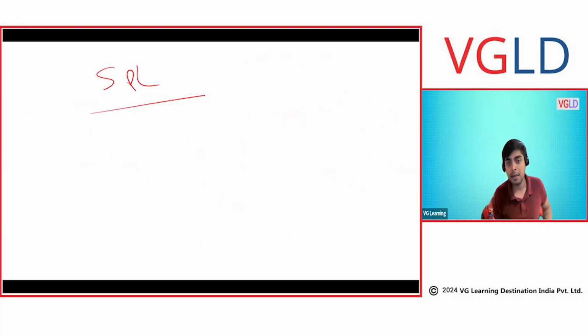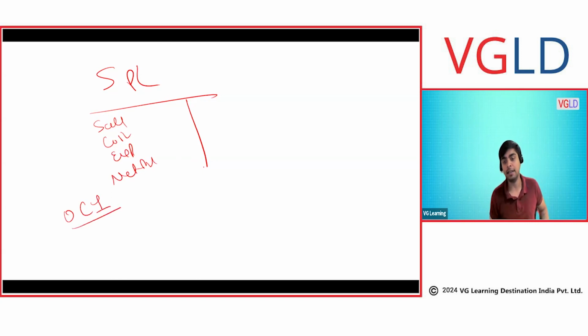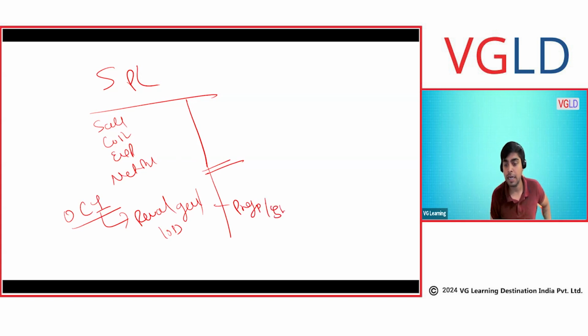One is the SPL with your regular sales, costs, expenses, basically making it net profit. And then another one is OCI, other comprehensive income. This OCI would represent your revaluation gain or loss, either from property, shares, or any other, let's say foreign exchange gain.